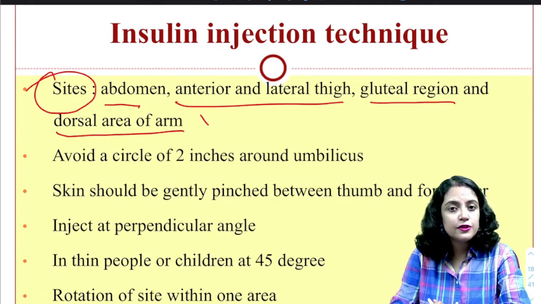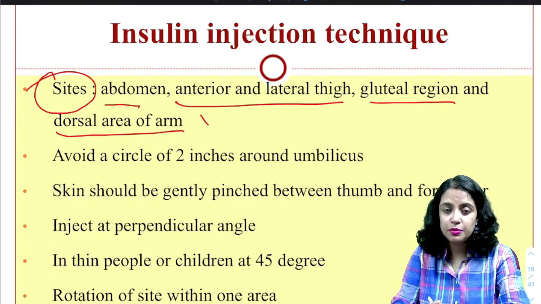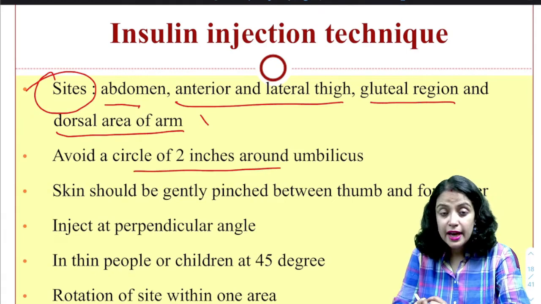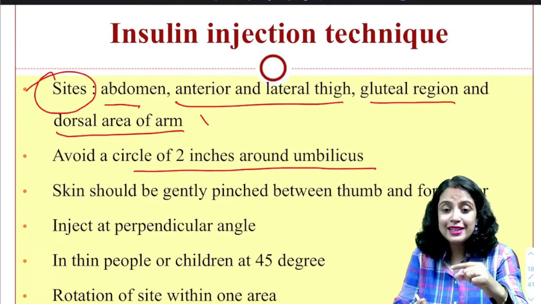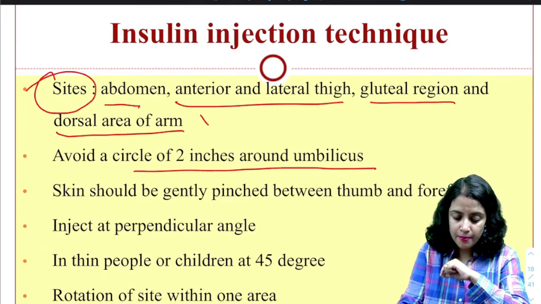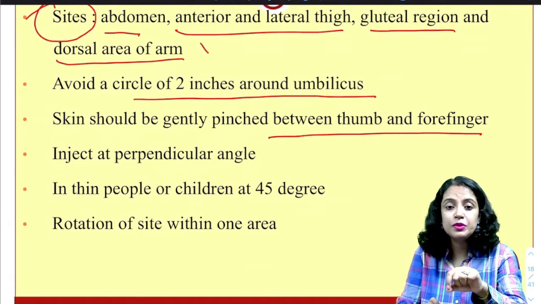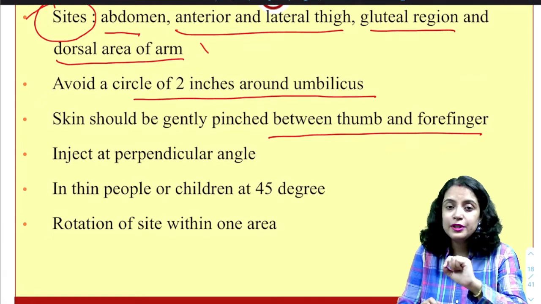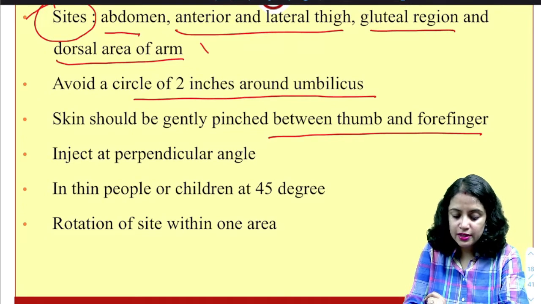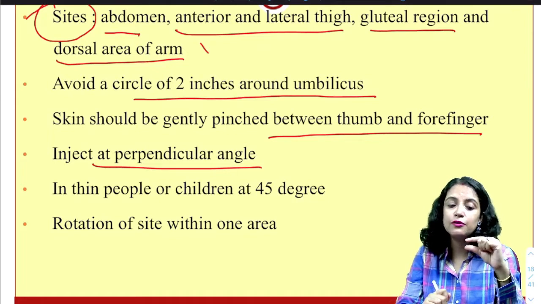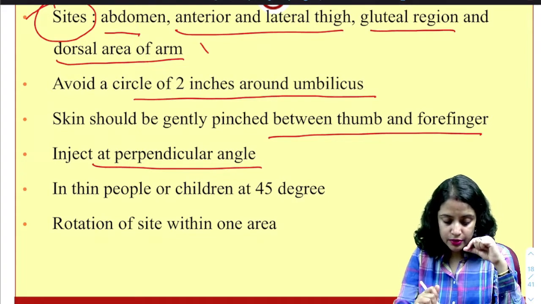If someone is injecting insulin in the abdomen subcutaneously, then he or she should avoid a circle of 2 inches around the umbilicus. Skin should be gently pinched between the thumb and forefinger, and the injection should be given at a perpendicular angle.